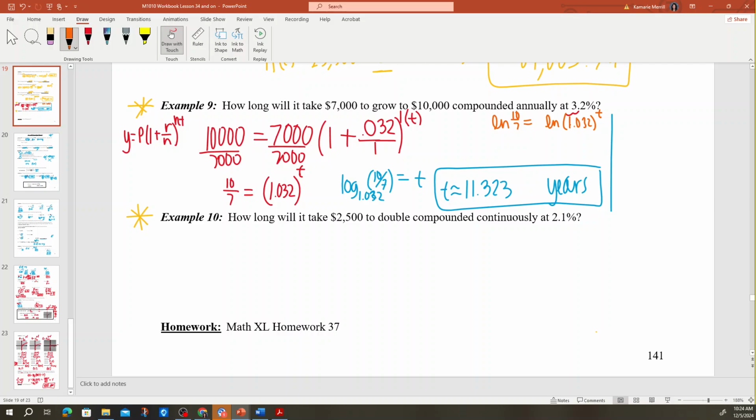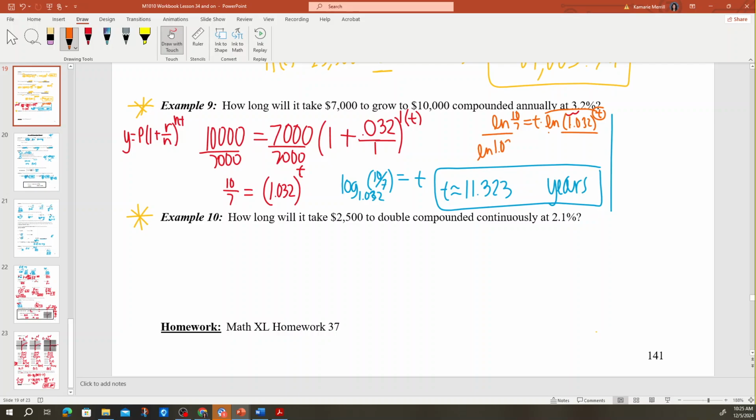And this is the tricky part. This is a property we didn't bring up yet, and we are going to hit this heavier in Math 1050. Do you guys remember from last year that when logs are involved, this exponent can be brought down? Does anybody remember those expanding properties? If you remember those properties, that's why on your earlier example I did it this way. I am technically allowed to bring my t down, and it's now a times with the ln, and then this ln can be divided over.